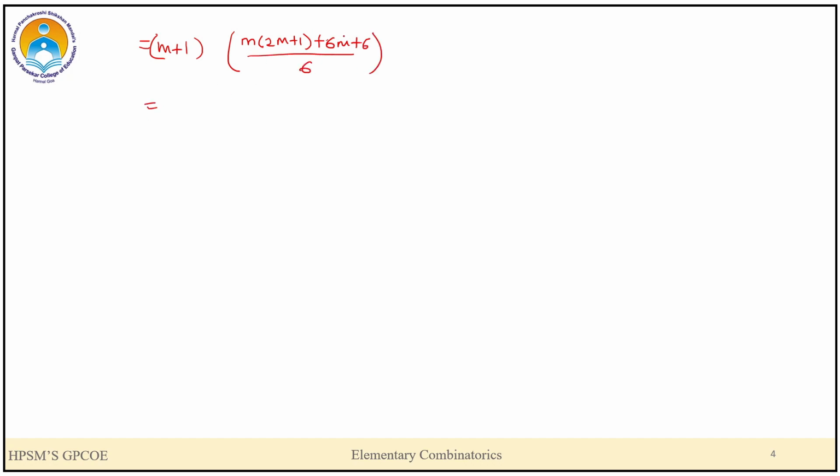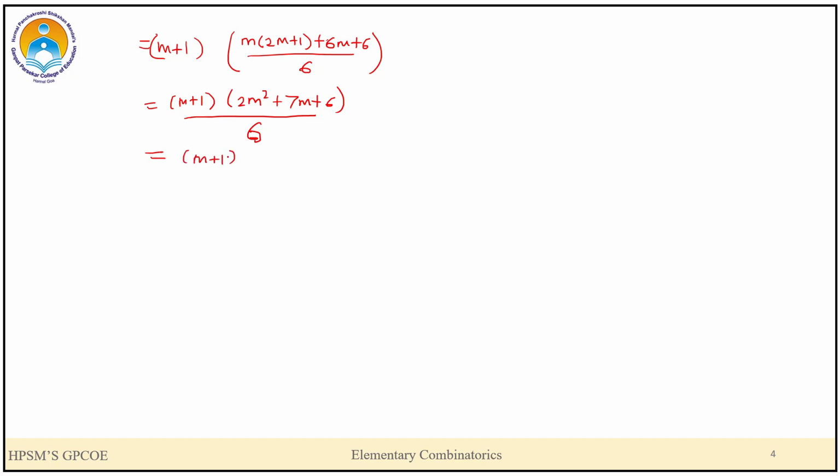Now when we solve this further, we will get a quadratic expression whose factors we can compute. It is 2m square plus 7m plus 6. This is what we get when we multiply these terms and combine them together, of which we now have to find the factors.